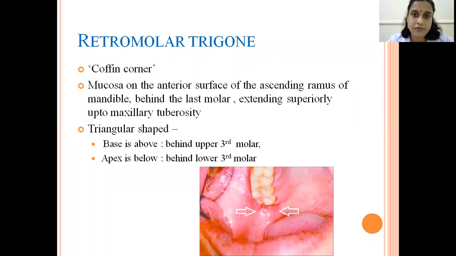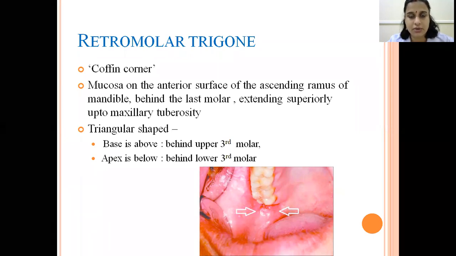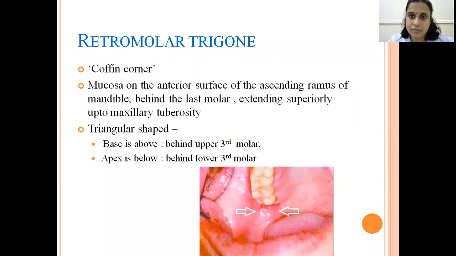Also, the anterior tonsillar pillar is contiguous with this region. So I told you this region is a crucial point, and pathology here spreads to various nearby regions.